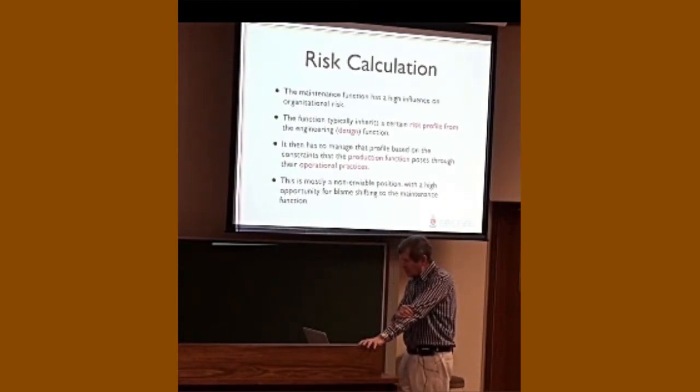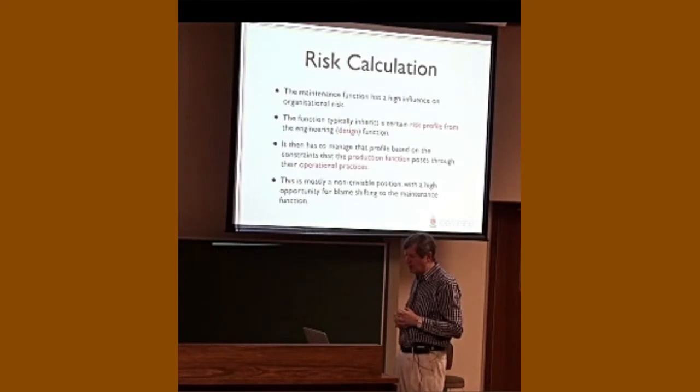It then has to manage that profile based on the constraints that the production function poses through their operational practices. We say this is mostly a non-enviable position with a high opportunity for blame shifting to the maintenance function.